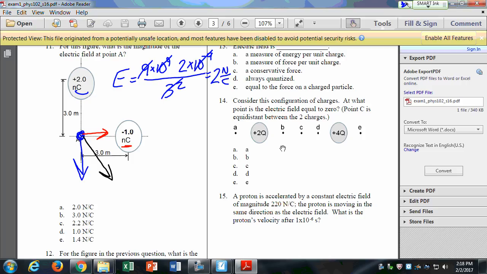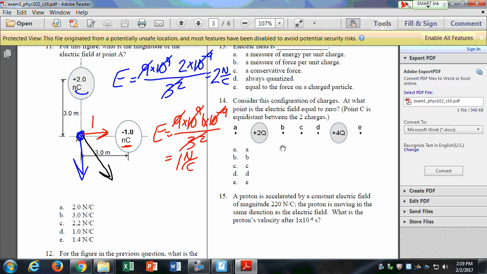And then doing E due to the -1 nanocoulomb, I get 9 times 10 to the 9th times 1 times 10 to the -9 divided by the distance squared. That's 3 squared. Well, this cancels with that, and I'm just left with 1 newton per coulomb. I try to give you as easy numbers as possible. It's not always easy numbers, but I try to make that part pretty quick by giving you easier numbers.